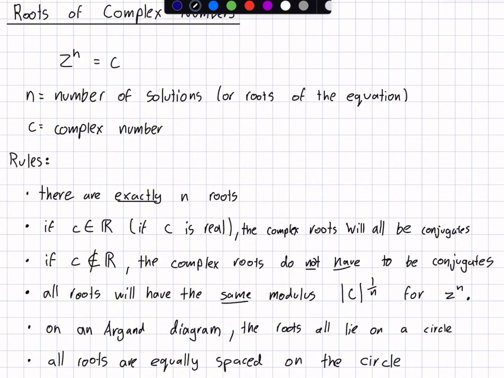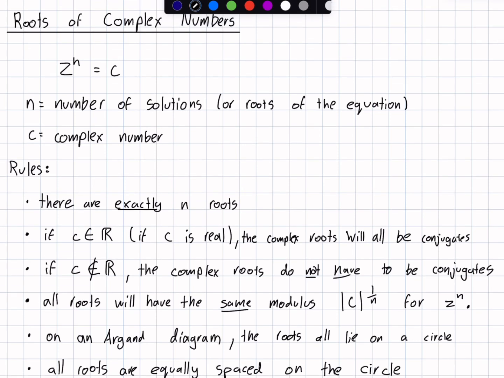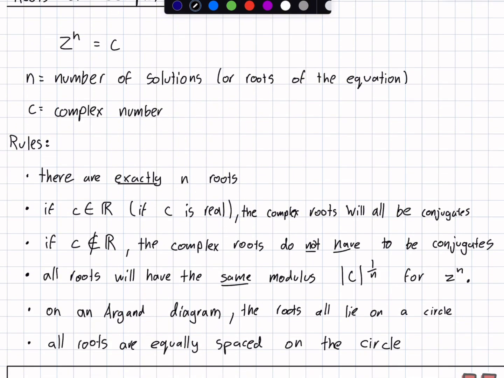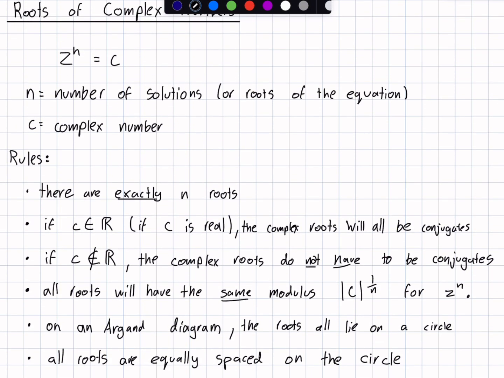If c is not a real number, the complex roots can have some conjugates, but are not required to be conjugates. All roots will have the same modulus, which is the modulus of c to the power of 1 over n, which is very interesting.